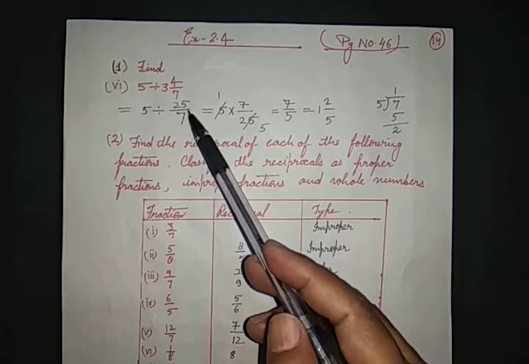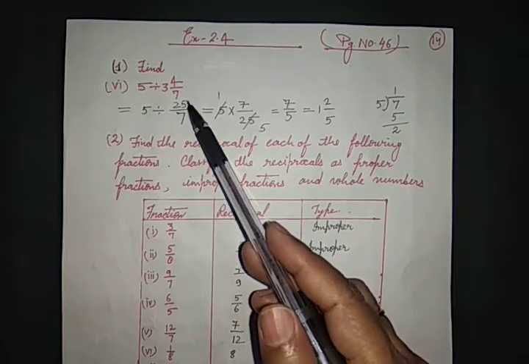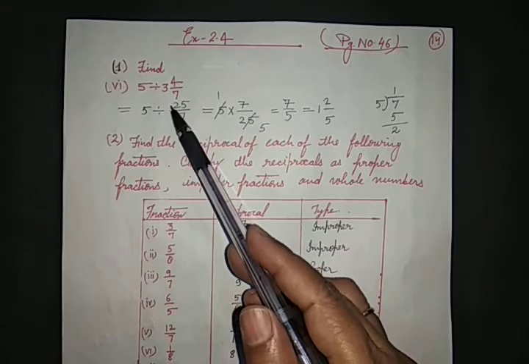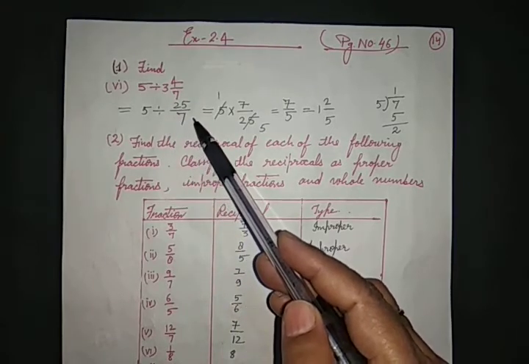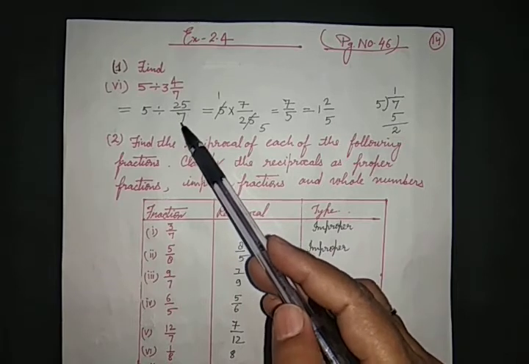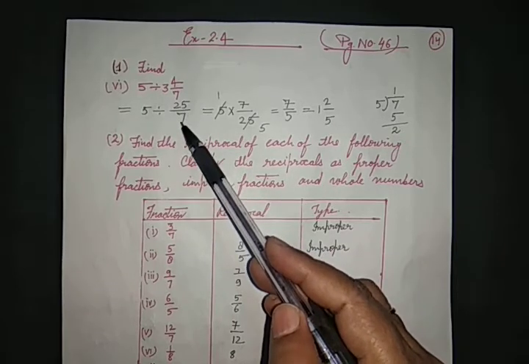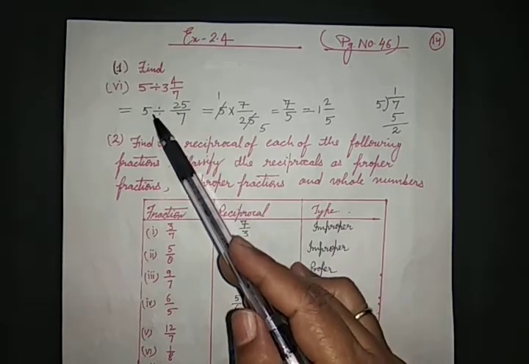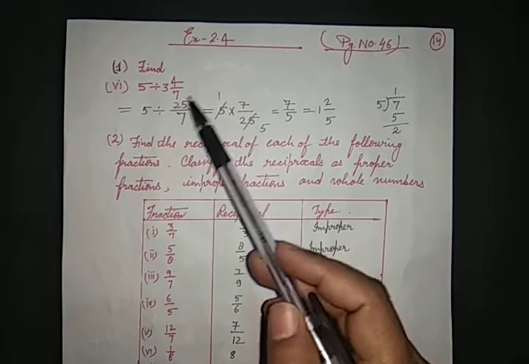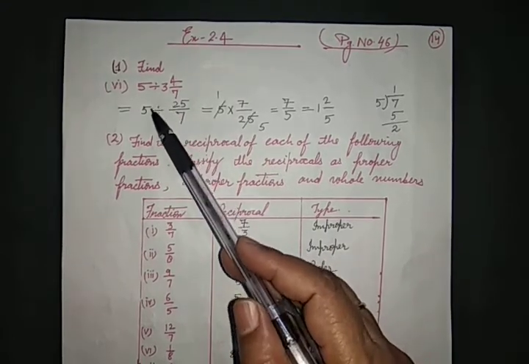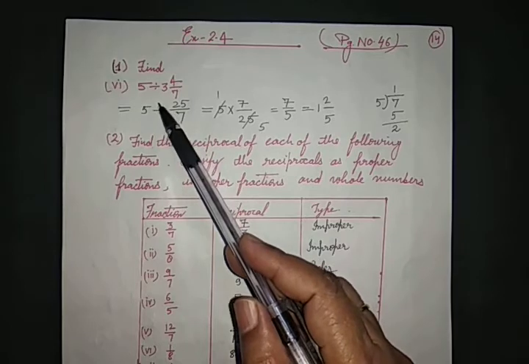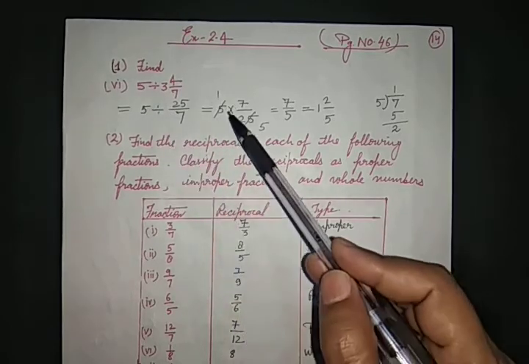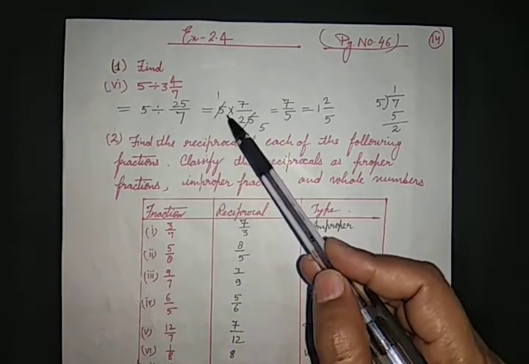I think you understood. We will write it in the form of an improper fraction. So you will write here 25 upon 7, is equal to 5 in the next step. And now, in place of the division sign, we will put the sign of multiplication.